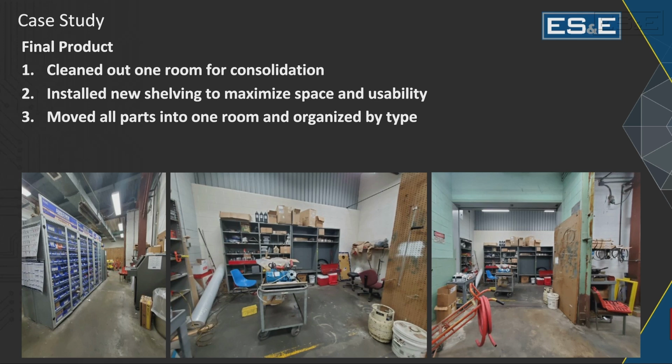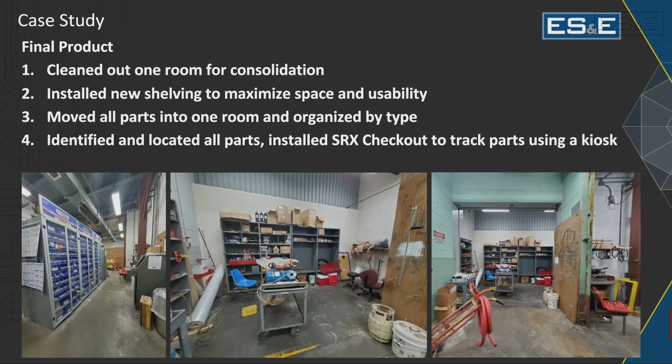That was the way they wanted it. It made sense to them. Then we went through and identified every single part, the location, how many they had, and put it into Storeroom Logics. They use a kiosk, which is just a laptop at the front of the door, and that's how they check out all their parts.